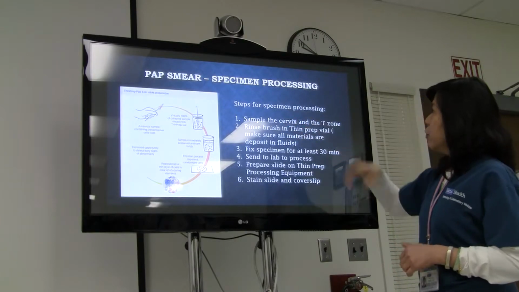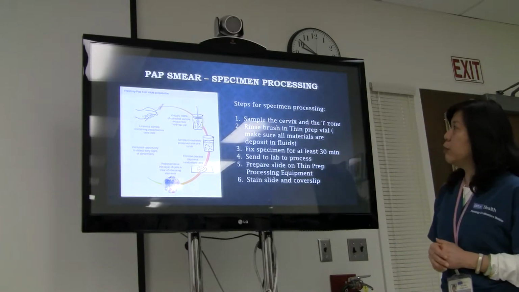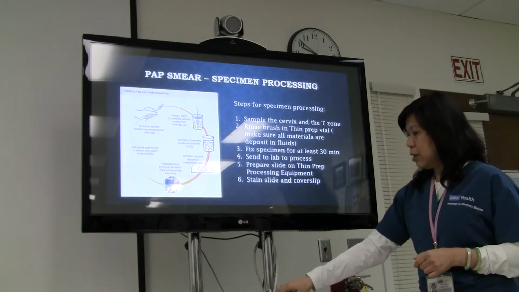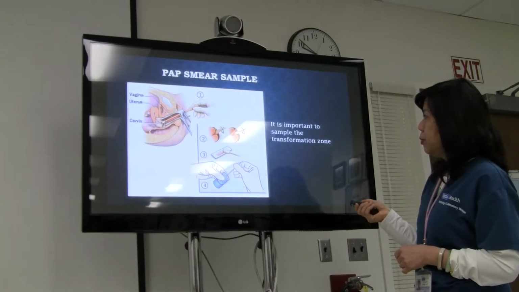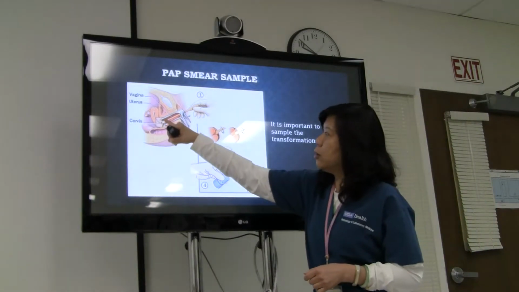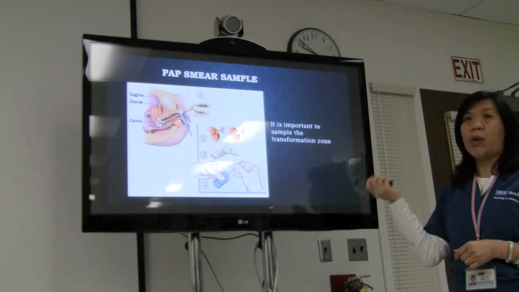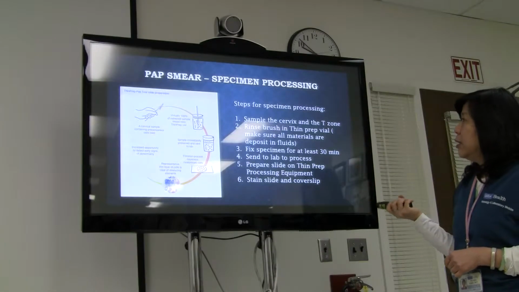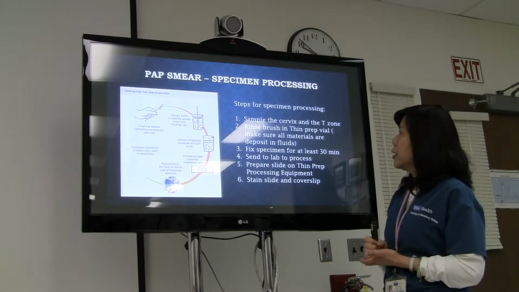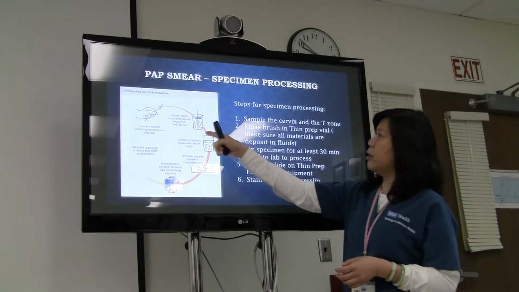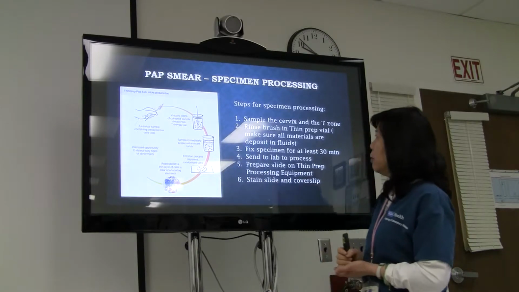So the steps for specimen processing: first, sample the cervix and the T-zone. It's extremely important to sample the T-zone here because a lot of the time the abnormal cells arise from there. Then rinse the brush in the ThinPrep vial.